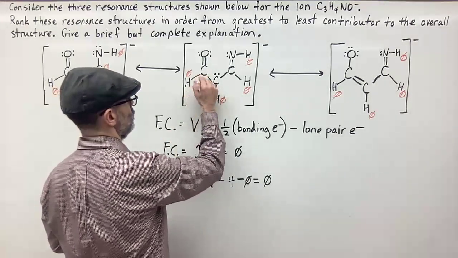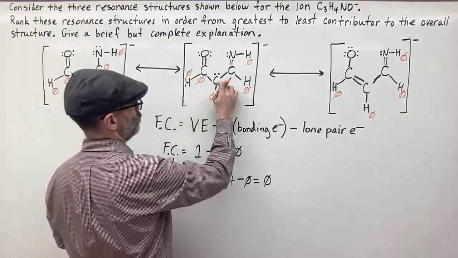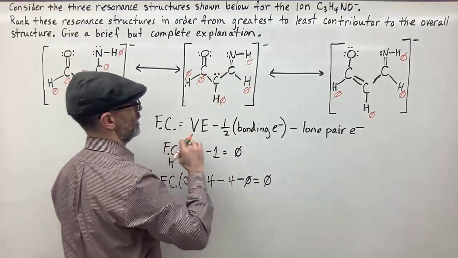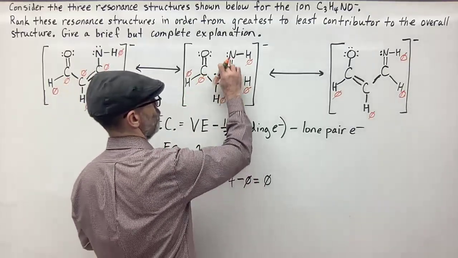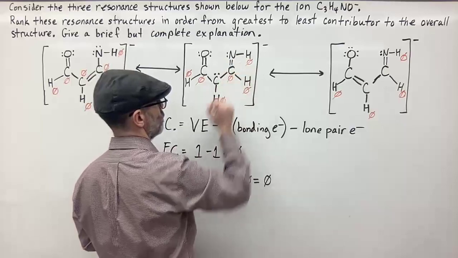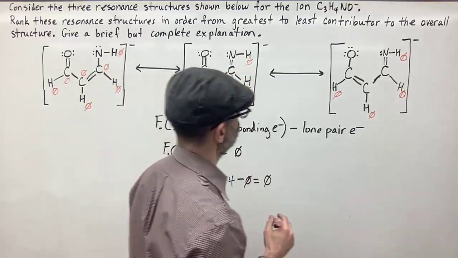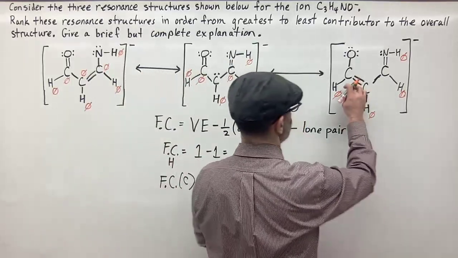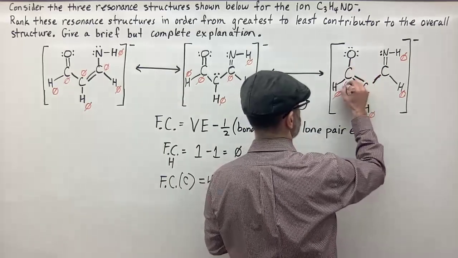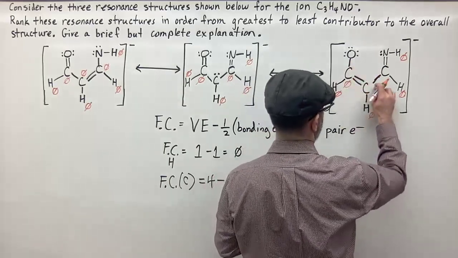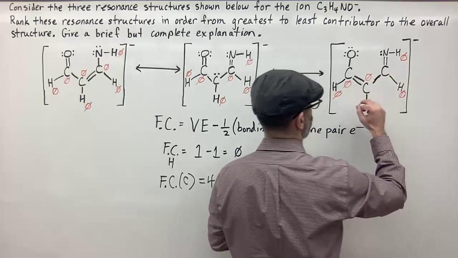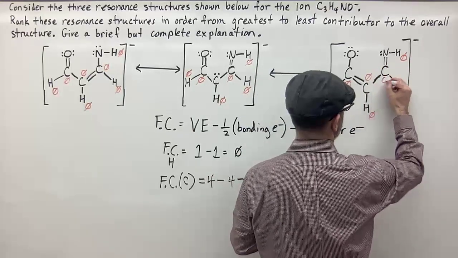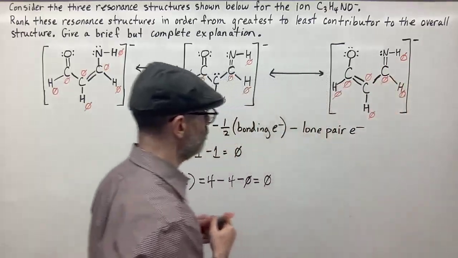Same thing for this one. Now this one has a lone pair, so we'll come back to that one. This one has 4 bonds, so 0 formal charge. This one has 4, 0 formal charge, this one has 4, 0 formal charge, and this one has 4, 0 formal charge.